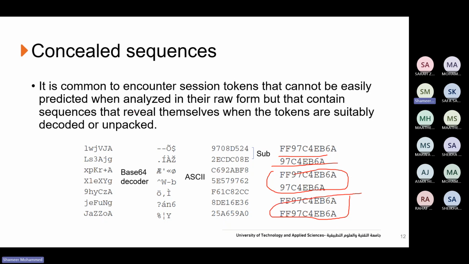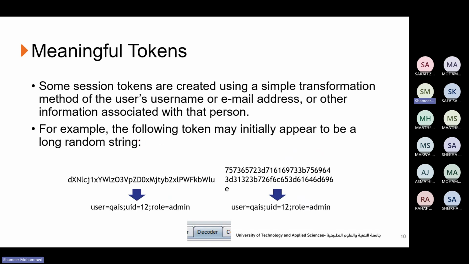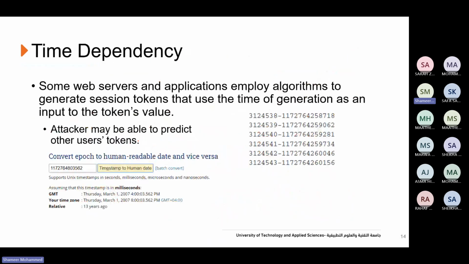Okay, number 3 is concealed token. Number 4, time dependency. Don't generate the token based on the time. Some applications see what time you're logging in, and based on that they generate the token like this.